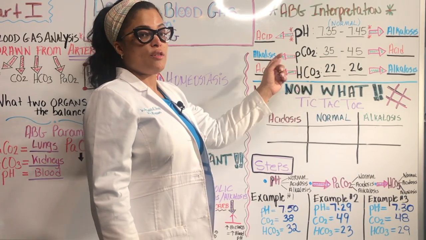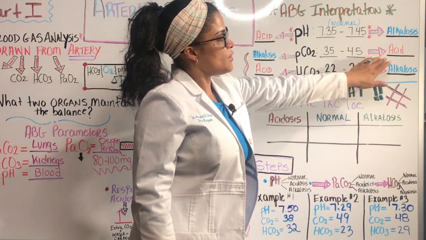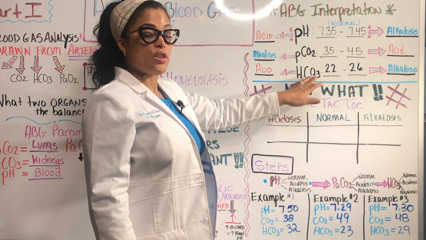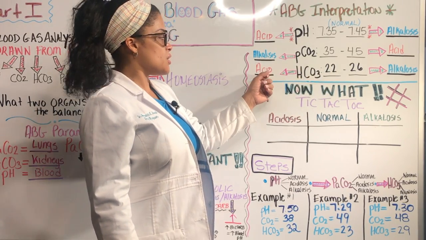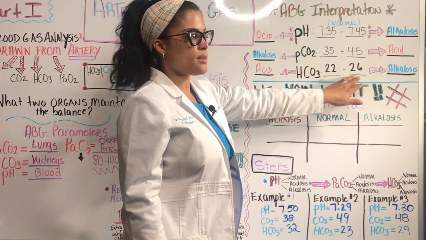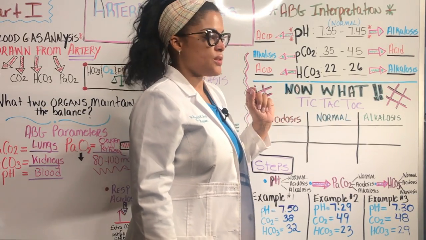Anything below 35 is considered alkalosis, and anything above 45 is considered acidic. When looking at the bicarb or the HCO3, anything below 22 is considered acidic because the range is 22 to 26, and anything above 26 is considered alkalosis.